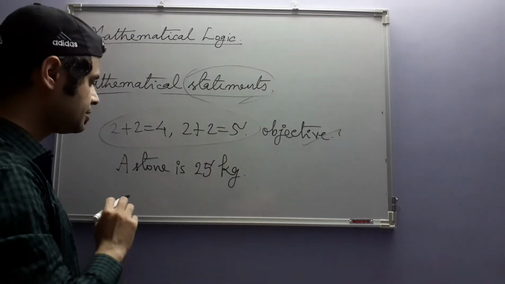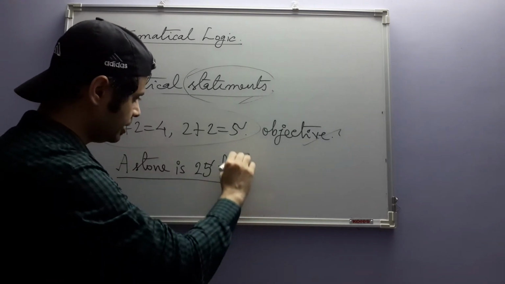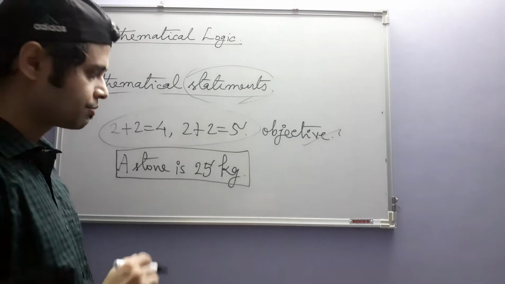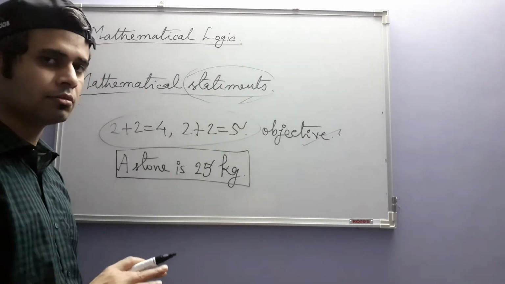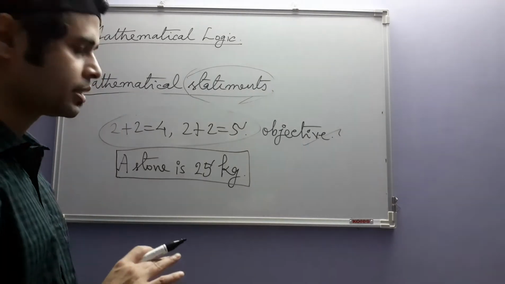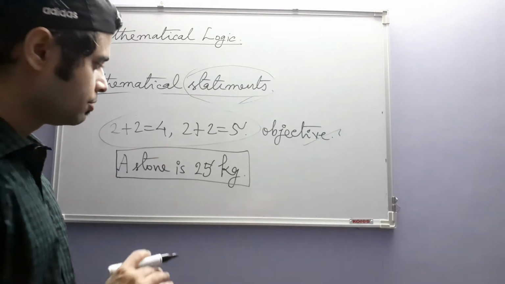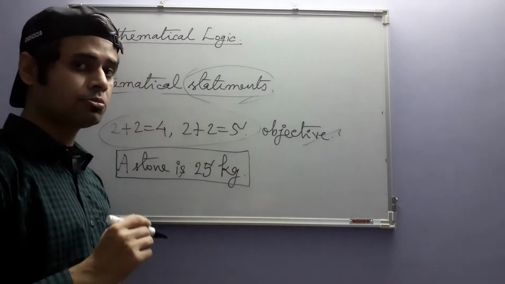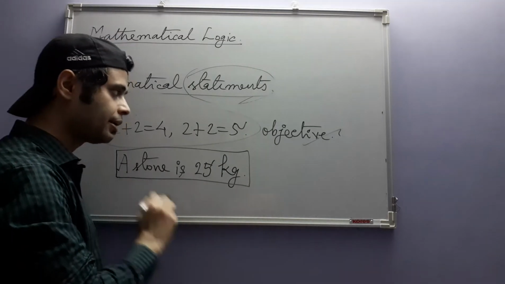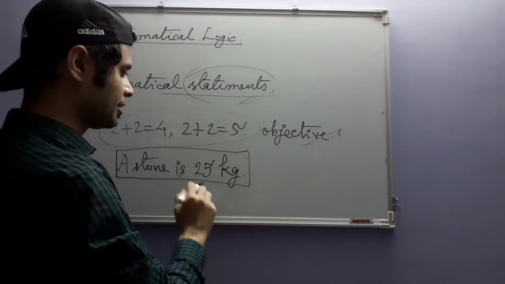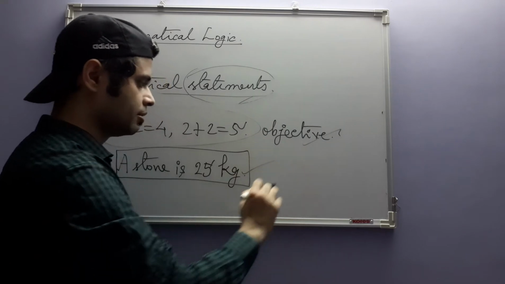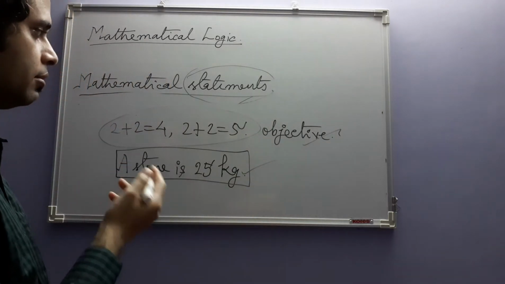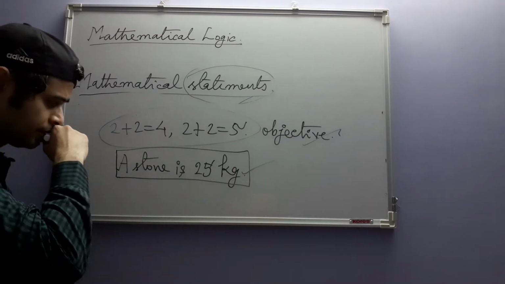Okay, so this is a situation in real life which is reasonably objective. 25 kilogram is a well-defined measure of weight. So because it is so objective and does not depend on anyone's opinion, we can apply the laws of mathematical logic in this situation.